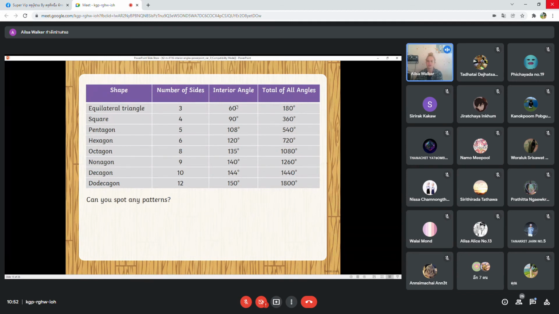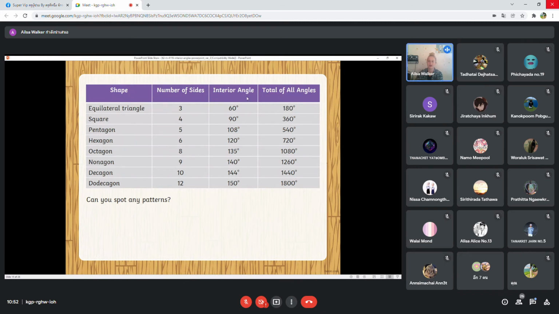Each interior angle is how many degrees? Can you see? How many degrees? 60, yes. So 60 multiplied by 3 equals 180. Yes, good, 180.